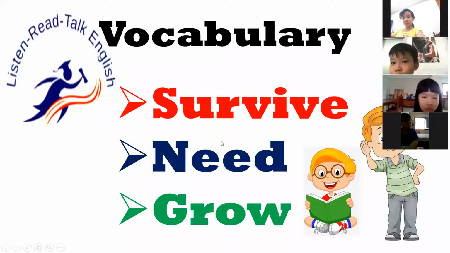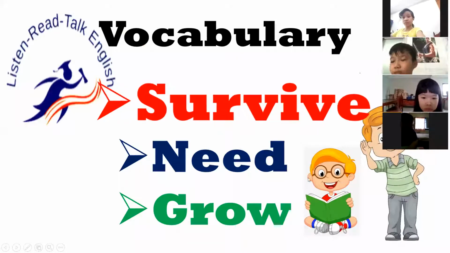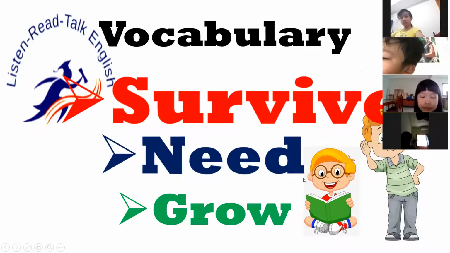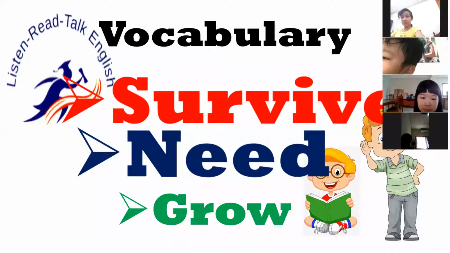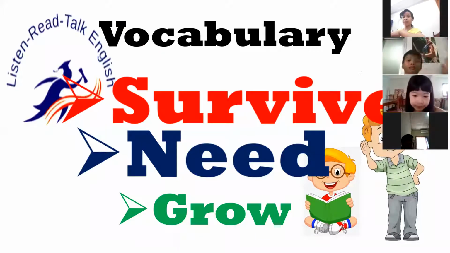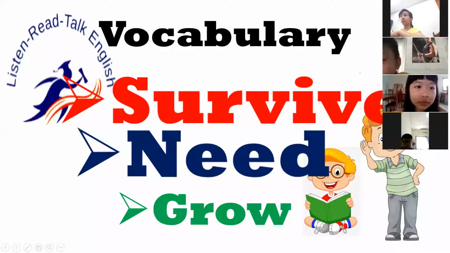Next, these are the vocabulary. Number one is survive. Survive means for you to live longer. Next, need. What do you mean by need? Need is something that you want.